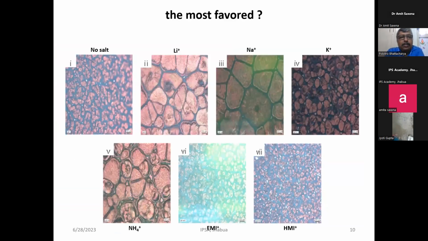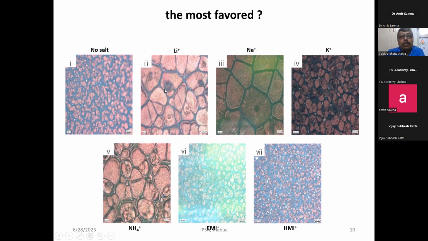Here in this slide, you can see how the size of these spherulites varies based upon the nature of the salt. All these were iodide salts, starting from lithium iodide. Anyway, it is written here. I'm not getting my cursor. Yeah, now I've got it.